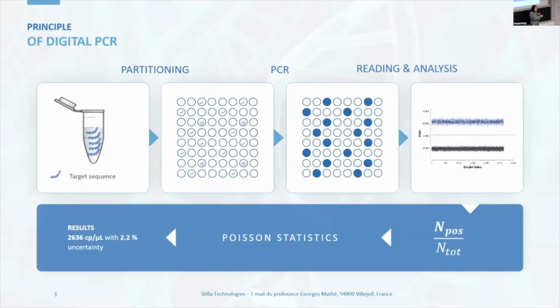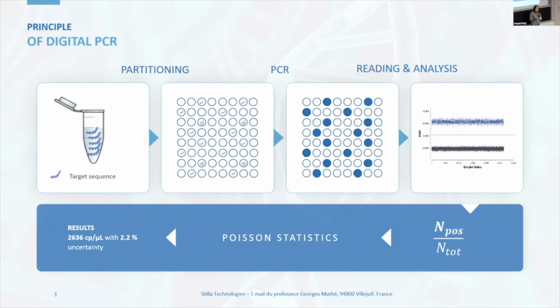In principle, in digital PCR, we start with the same reaction mix containing eventually the targets in the reaction. And the key step is the partition. We will split the sample into a large amount of small compartments. And during that step, we will randomly distribute the target sequence in the compartments so that some initially contain the sequence and some don't.